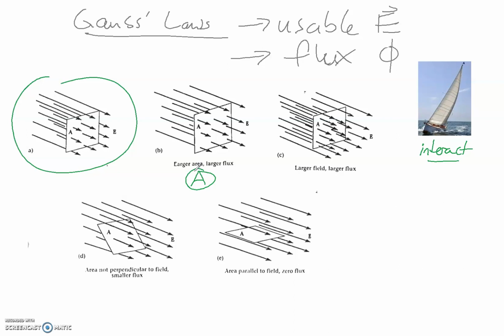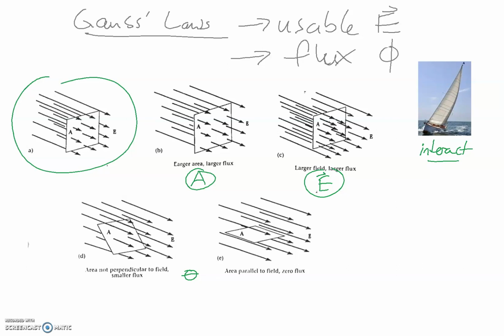The same way if you've got a bigger sail, it's going to work better for a sailboat. The same thing applies for picture C, a larger field, a larger flux. So if the electric field becomes stronger, like having more wind, you can do more stuff with it. And the bottom two pictures here, this is about the orientation. It's the angle that is important. Just like for a sailboat, you will angle a sail in different ways in order to get different effects and different amounts of interaction.